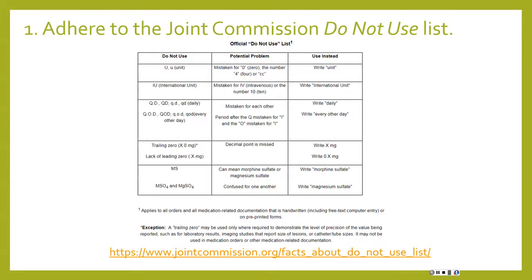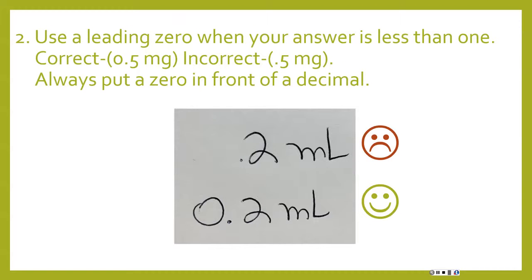And the most important one probably that applies to us is this fourth one down, where we're going to talk about zeros. We want to make sure that we don't have a trailing zero, but that we do have a leading zero, and we're going to get into that as we keep going. This is just a good informative graph to have in mind as we progress through this semester.